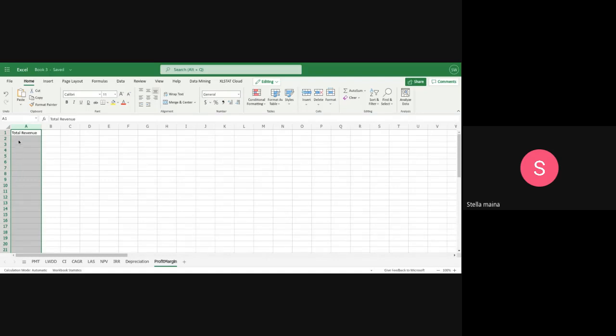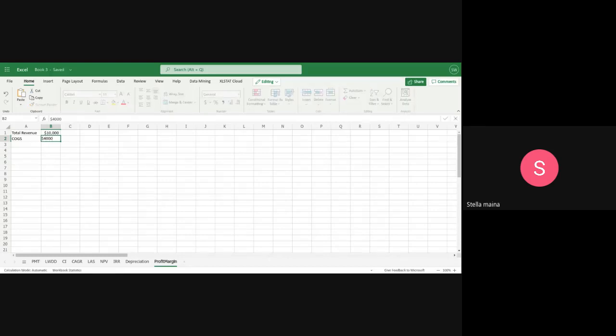And we will have cost of goods sold, which I can write in summary as cost of goods sold. So we will have the total revenue of $10,000 and the cost of goods sold of $4,000.